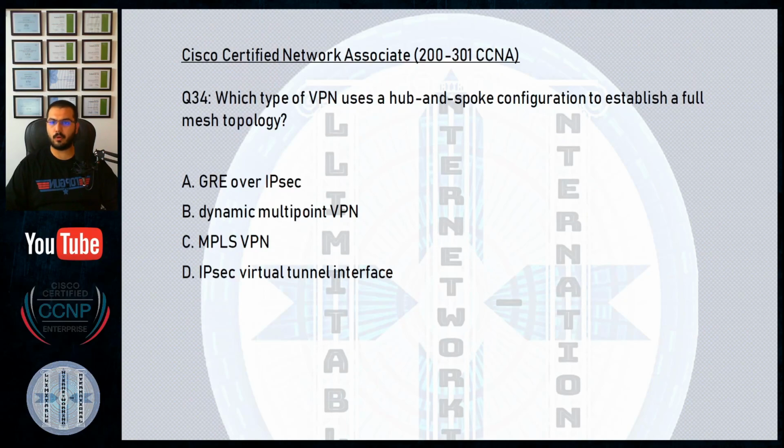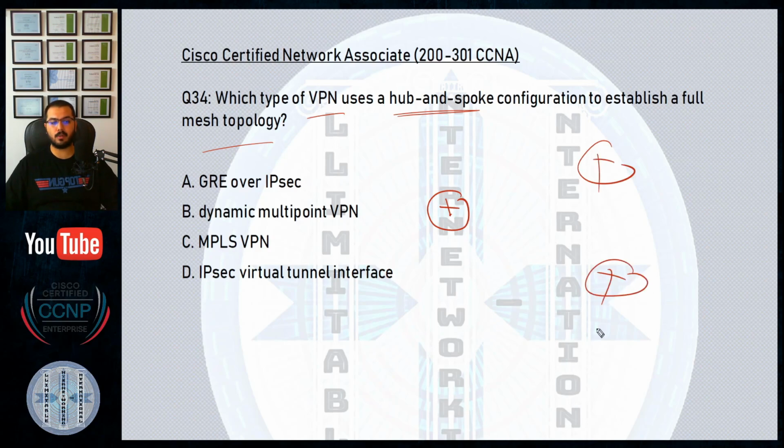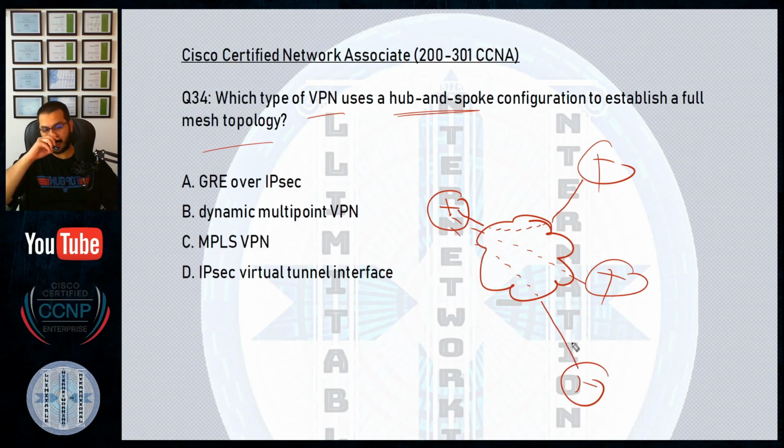Question 34. Which type of VPN uses a hub and spoke config to establish a full mesh topology? A hub is a main router. Spokes are some branch routers, those four of them, connected through the internet, through the cloud. It will be this way, from the main to the branches, and those branches will communicate together through that hub.